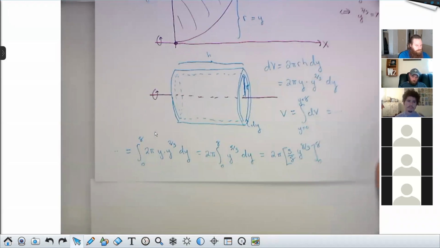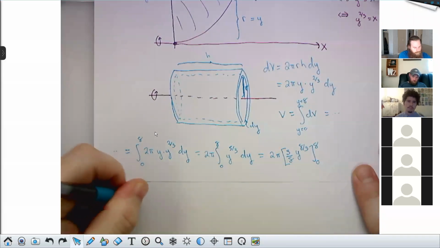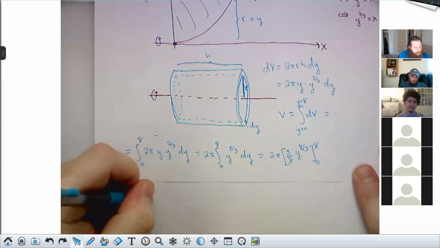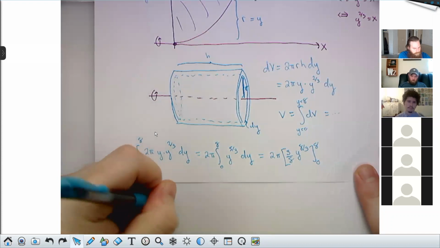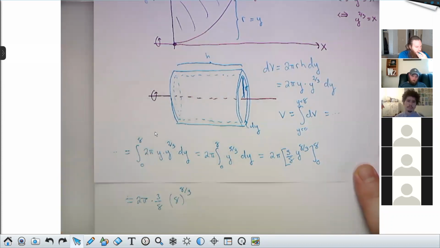If we go ahead and do that evaluation, of course, when we plug in 0, we're not going to get anything. But when we plug in 8, I'll have 2 pi times 3/8 times 8 to the 8/3.